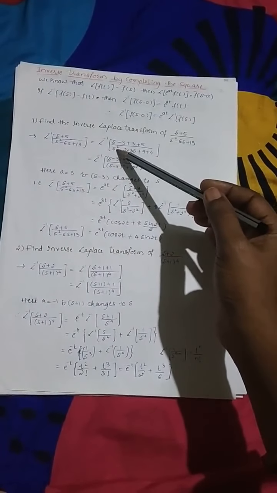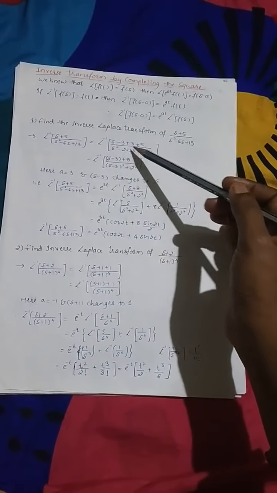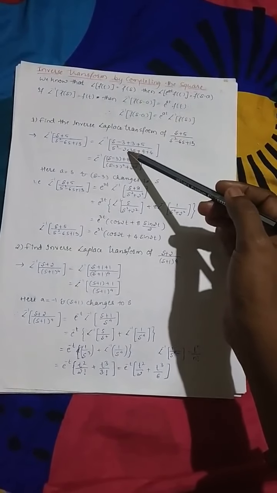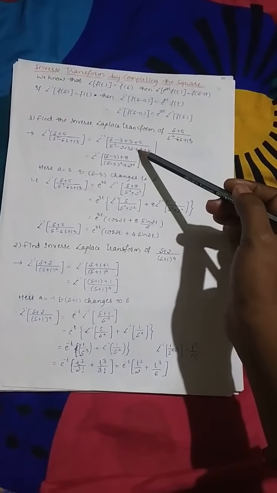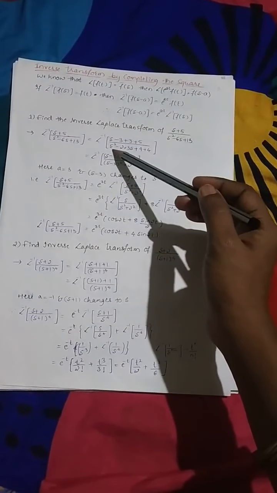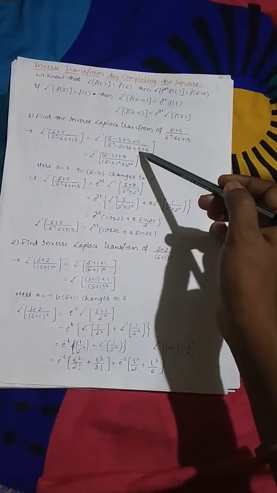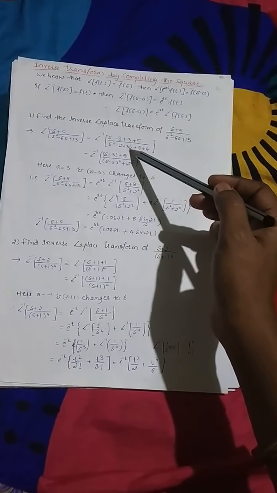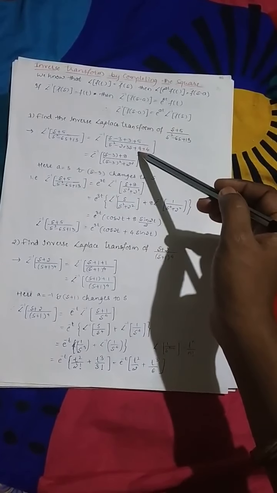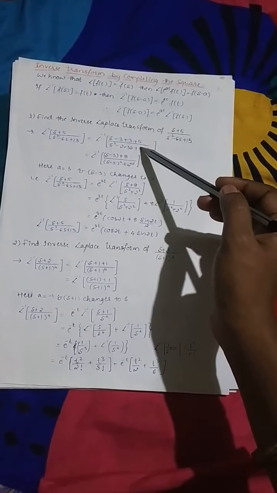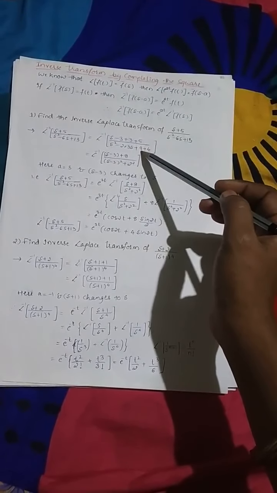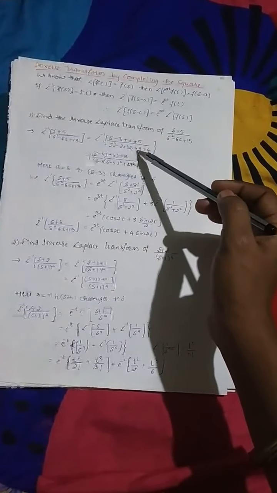I am rewriting it as s square minus 2 into 3s plus 9 plus 4, so that it looks like a square minus 2ab plus b square. Now these terms form a complete square, that is s minus 3 whole square.